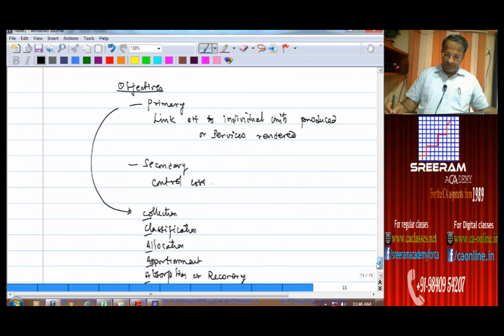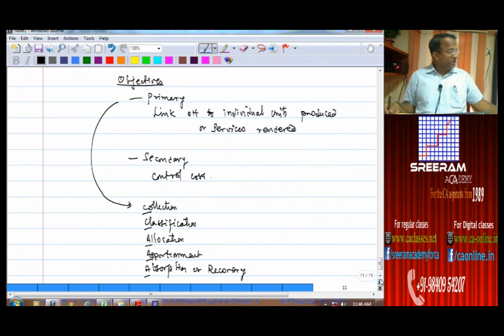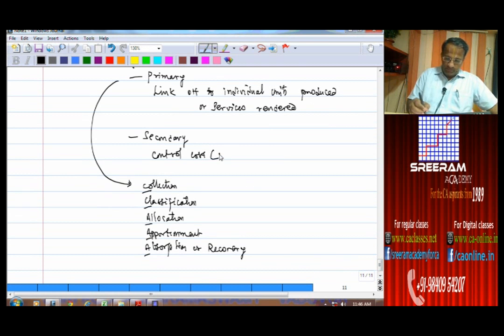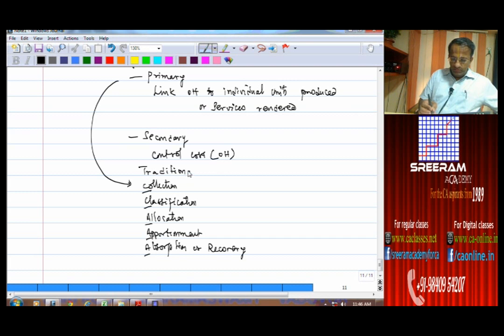At the top, I don't know whether you made note. Objectives: primary, link overheads to individual units produced or services rendered. Secondary is control cost, that is, control overheads. Then the steps involved in primary distribution are, this is the traditional form of doing it. The modern one we call ABC, activity based costing.